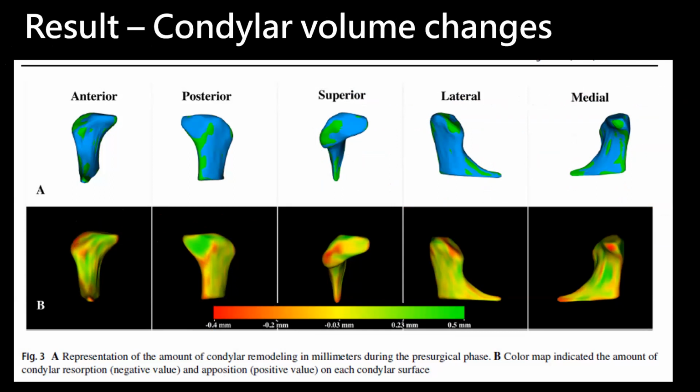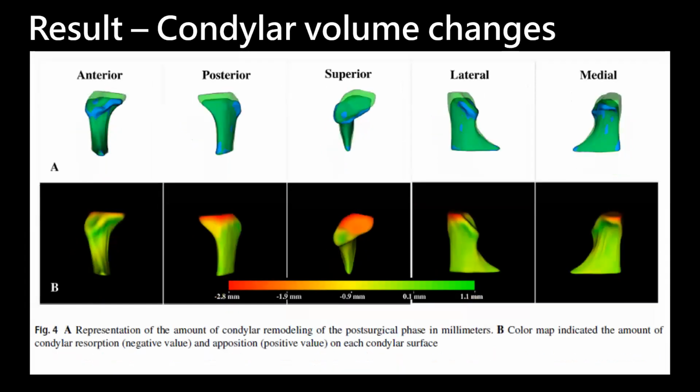So in this simulation, as you can see, in the posterior, lateral, anterior, and even the medial side, there is condyle reabsorption. You also have the volume changes with a negative value in the medial side. As you can see, the red part is also more significant in the superior, and there is also a little bit at the lateral part.